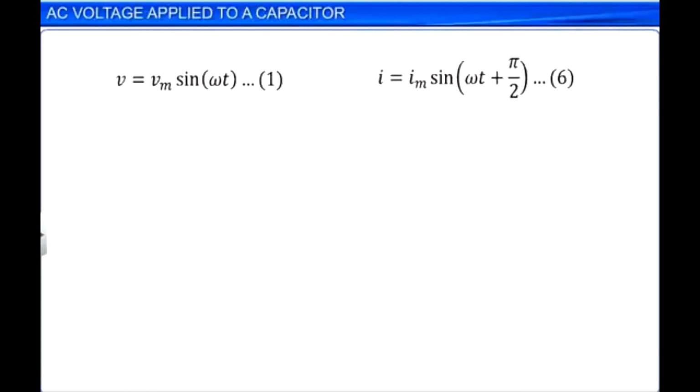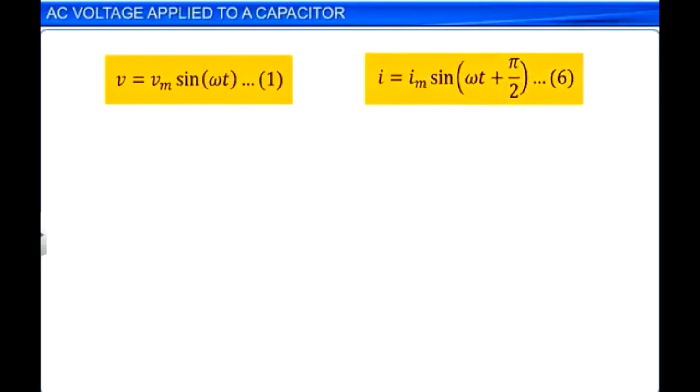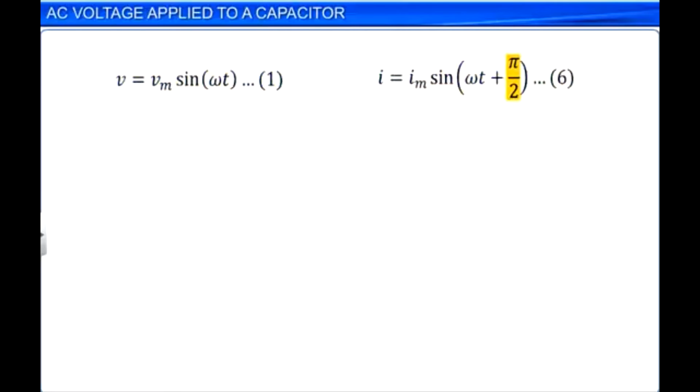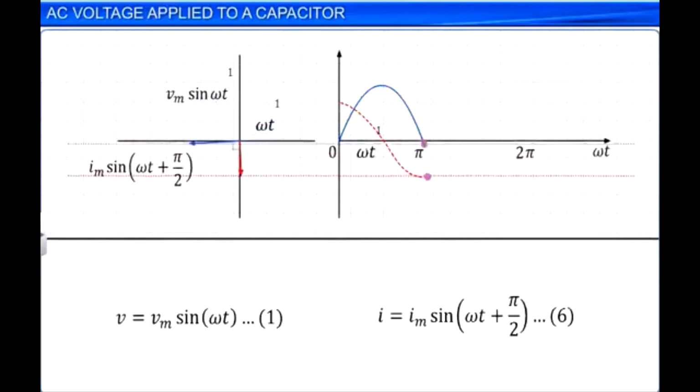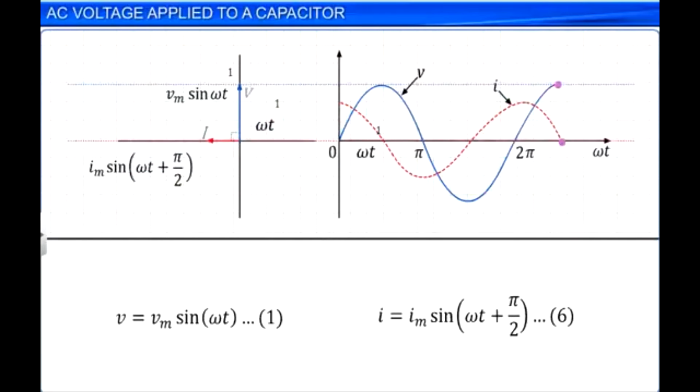On close inspection of equations 1 and 6, which are derived for the value of current in the circuit, we can see that the current leads the voltage in phase by pi by 2. The phasor diagrams for analyzing the relationship of lead or lag between current and voltage are as shown.